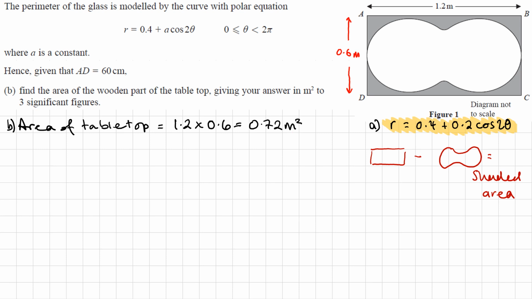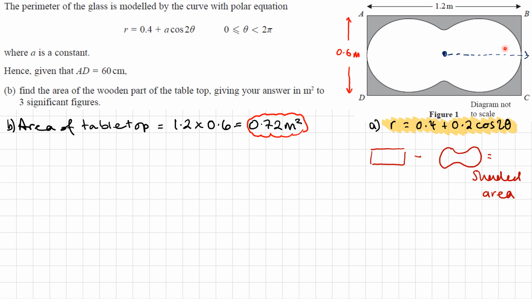And now we'll do the bit which is, I guess, the tricky bit, which is to work out the area inside this polar curve. As I said before, the pole is here at the center and my initial line is going over here. Because this shape is symmetrical, there are different ways I can do this.